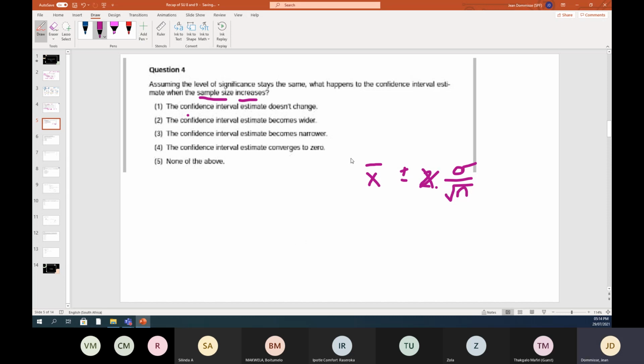Okay, so we say Z stays the same. So on this side, we have a minus, and then on the top side, we have a plus.